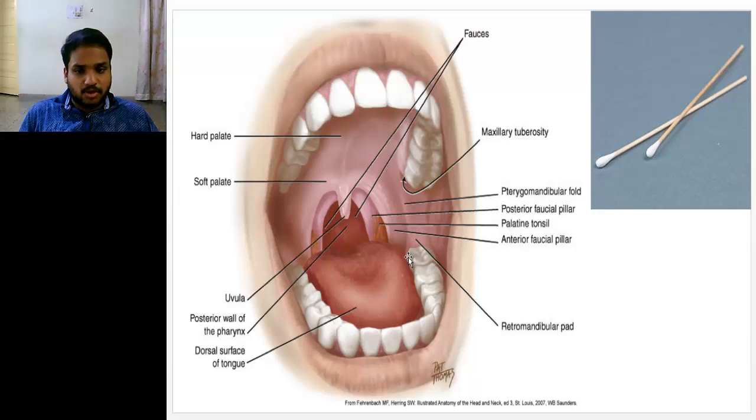So what is the observation? You would get elevation and contraction of the pharyngeal musculature, accompanied by the retraction of the tongue, right? So this gag reflex would be reduced or absent in case of a lower motor neuron lesion, while it is exaggerated in case of an upper motor neuron lesion. Fine.